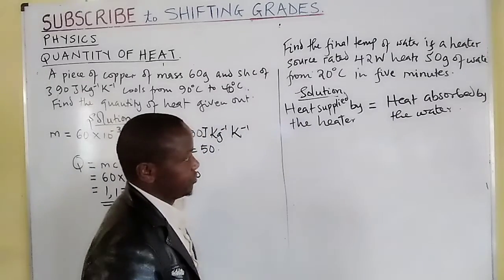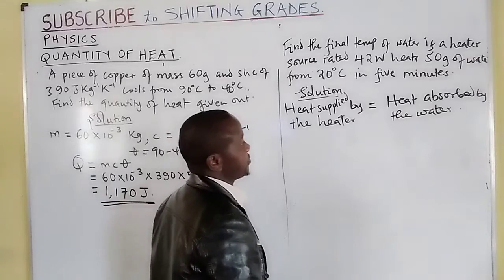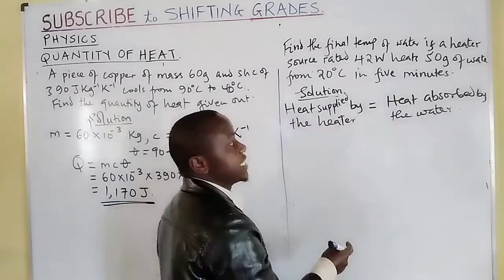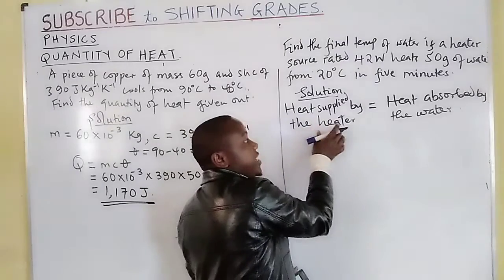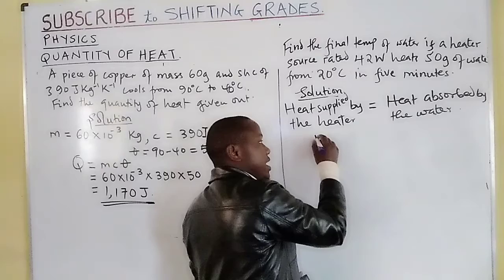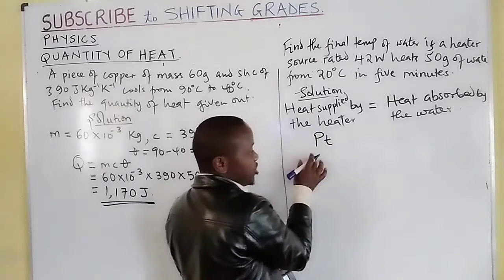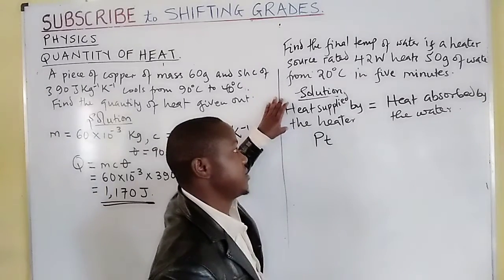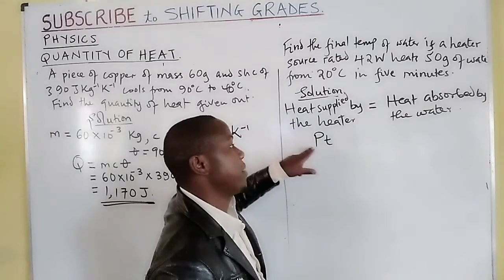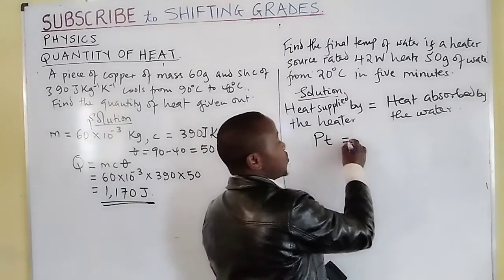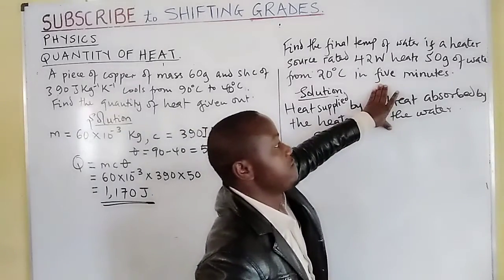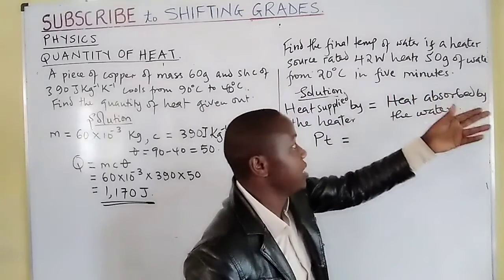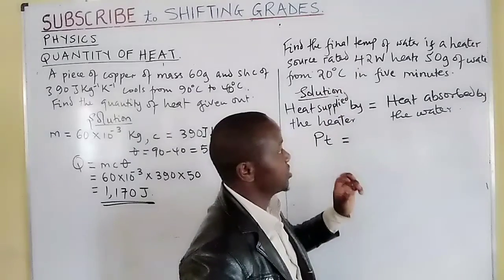Now, we know that the heat is given by power times time for the heater. The heat energy supplied by the heater will be given by power times time, which will be equal to the heat energy for a body which is raised from a given temperature to another one with a known mass.